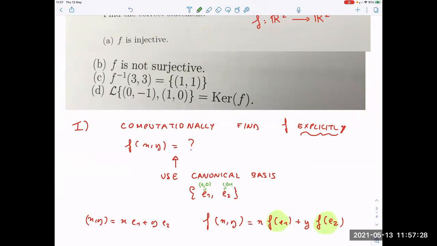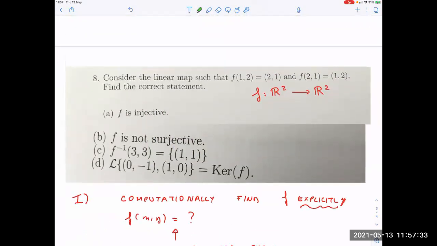That's the usual thing. So since I know f of 1, 2 and f of 2, 1, I need to write down E1, which is 1, 0, as a linear combination of 1, 2 and 2, 1. This is done by solving a linear system.